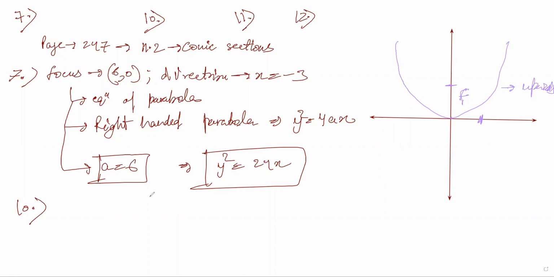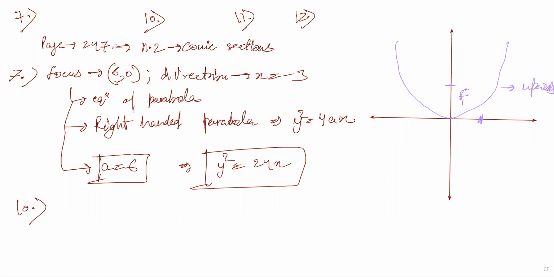And what's the value of a for the ninth? Can anyone tell me this? Yeah. So how is the 10th one an upward parabola?